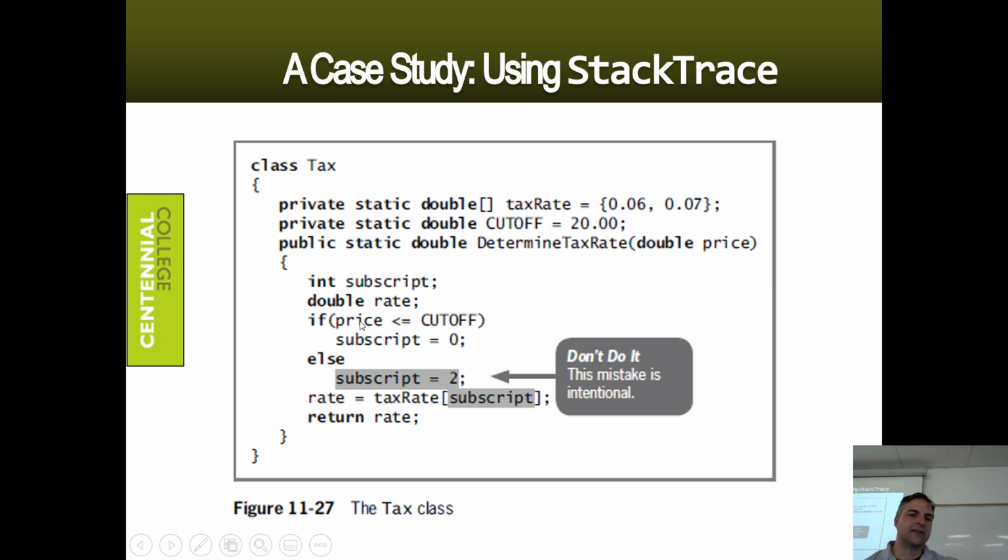If my price is less than or equal to the cutoff, so it's not as big as the $20 price range, then my subscript will be 0. Use a tax rate of 6%, right? Otherwise, if my price is more than $20, use 7%. So tax them more if the price is more somehow.